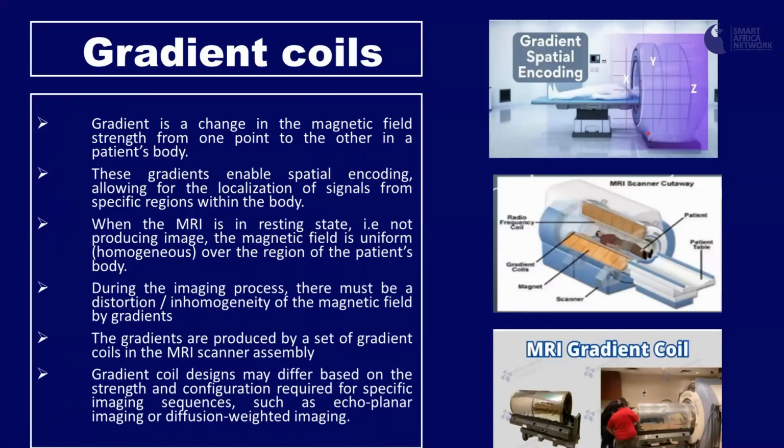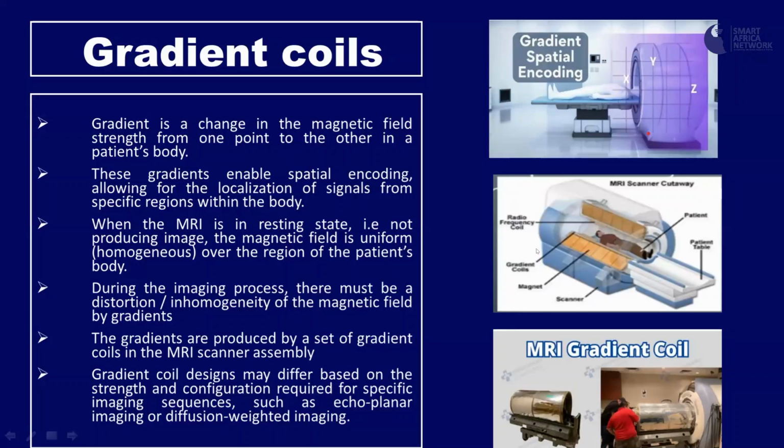Then we'll talk about the gradient coils. If you look at this machine, this photo here, the gradient coils are actually within that bore. The gradients produce, the gradient have coils within the MR scanner assembly. So when this MRI machine is in the resting state, it doesn't produce any image because the magnetic field is uniform.